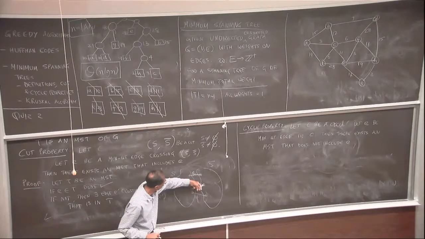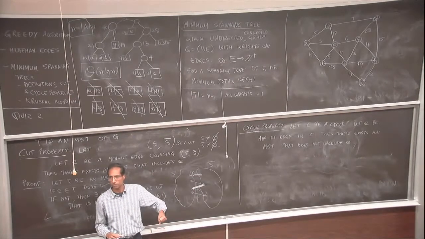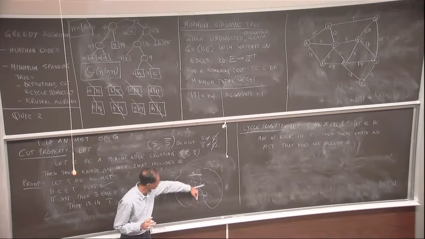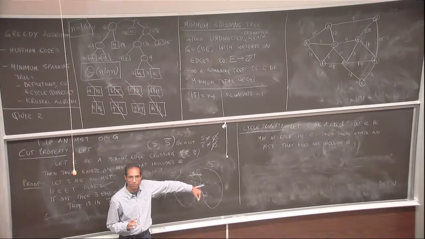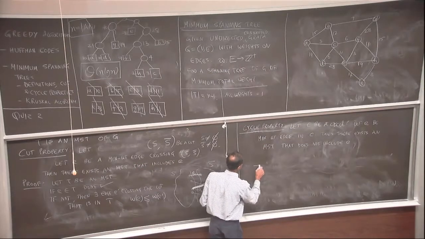If I remove the edge E prime from the tree, will it disconnect the tree? Not necessarily. Well, it will disconnect the tree, but it's not necessary that it will disconnect it across this boundary. People see that? So let's say this is the edge E.